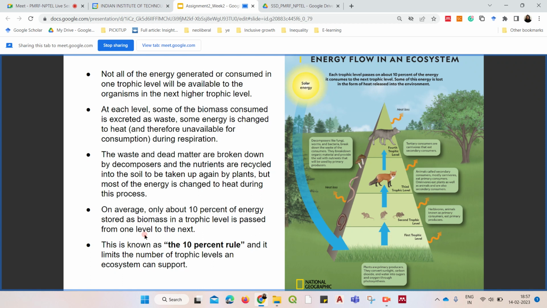For example, in a desert ecosystem, even the primary trophic level does not have that much energy stored in the form of biomass. So the number of trophic levels in a desert ecosystem is very small compared to another kind of ecosystem. I hope this is clear.